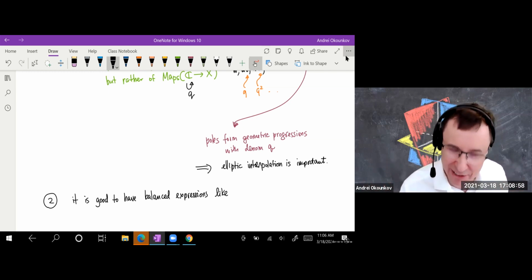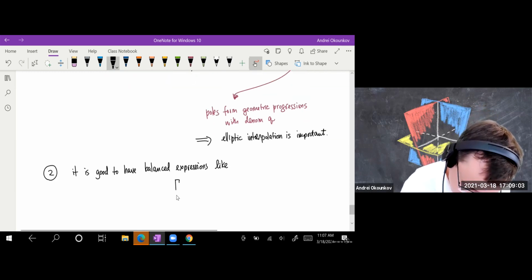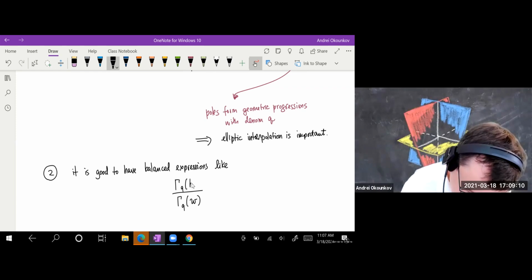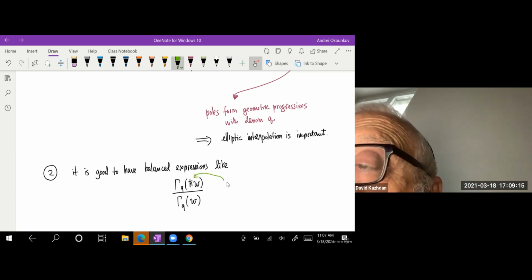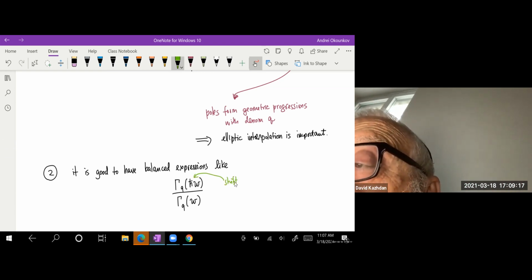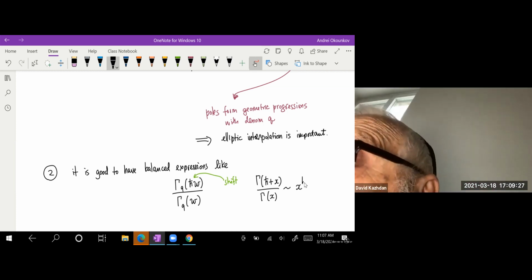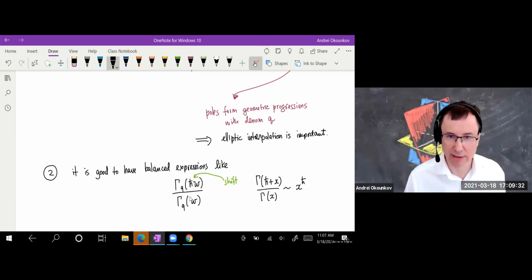It's a function that grows or decays quite fast. And so it's always good to have a balanced expression. If I have a Q gamma function of W, it's always good to have some kind of shift here, maybe I'll call it H bar W, where this is some shift. It's like in the ordinary gamma function, if I have the gamma function of H bar plus X over the gamma function of X, this is like X to the H bar roughly. The goal is always to have these things balanced.